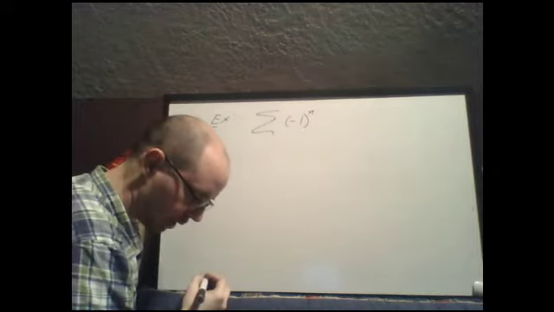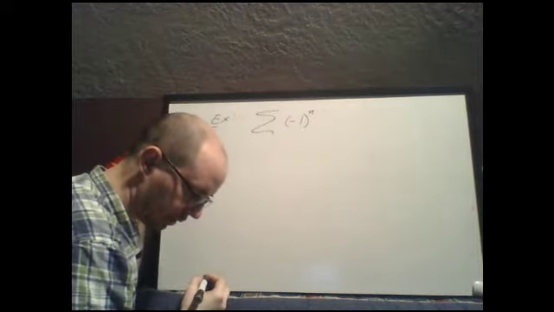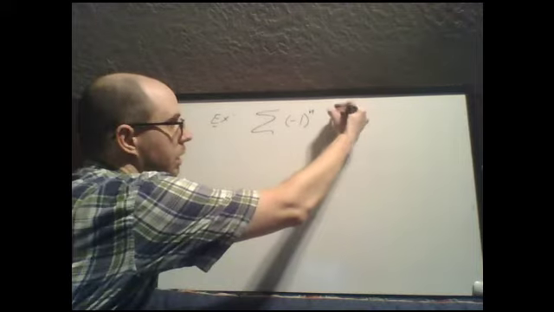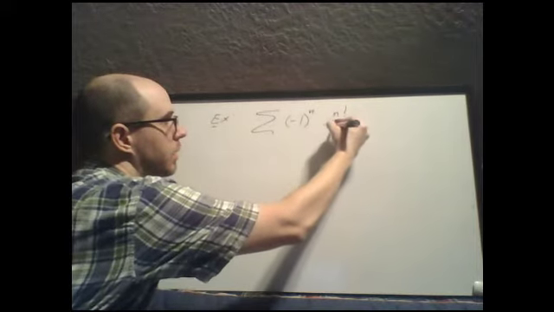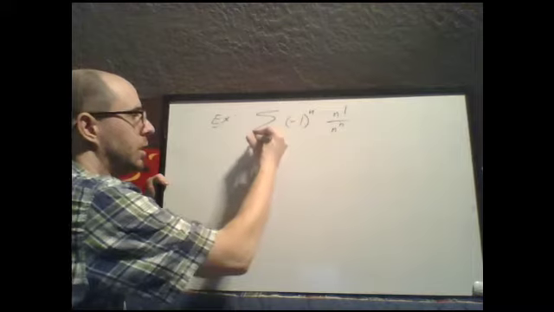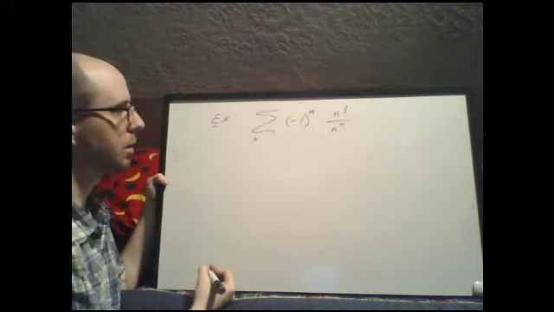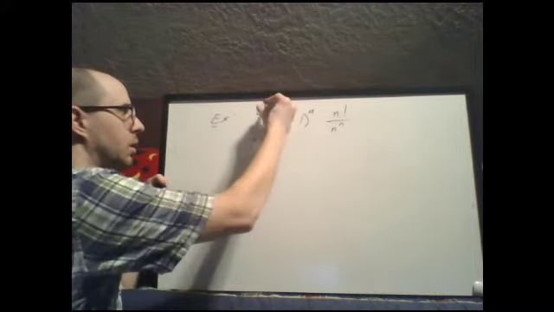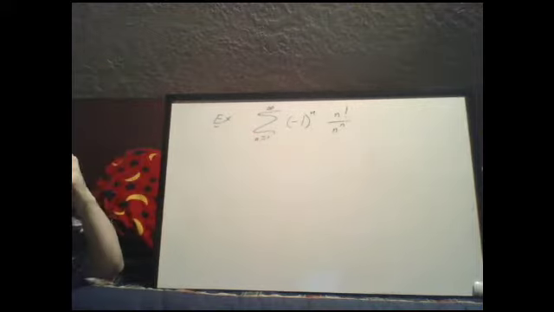The sum of negative 1 to the n over n factorial divided by n to the n. I better start at 1. Otherwise, n to the n is a problem.